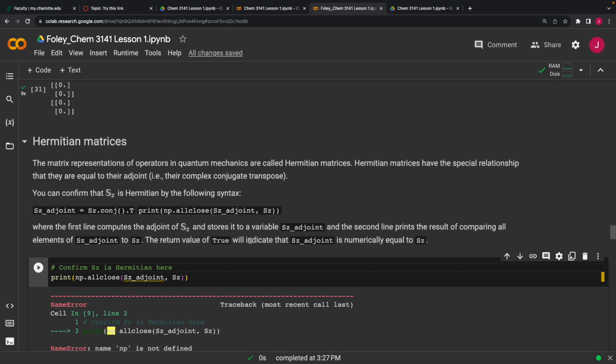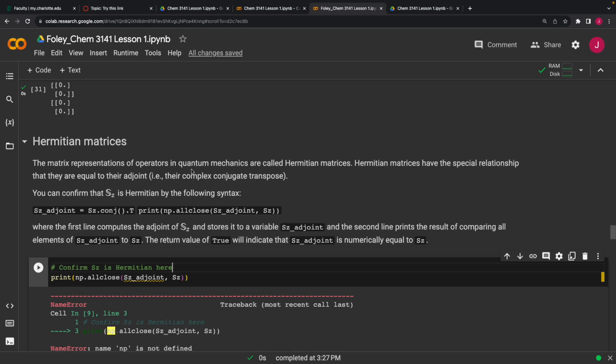So the last block I'm going to talk about today is on Hermitian matrices. One of the things about the operators corresponding to observables in quantum mechanics is that they are so-called Hermitian operators.